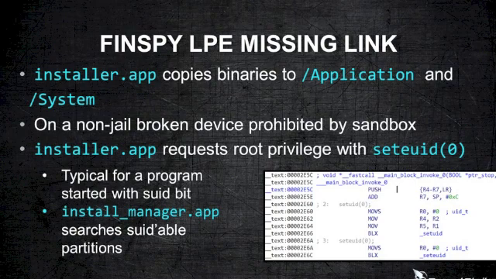The other thing is that the installer app requests root privileges with the setEUID, set effective user ID, function. You can see that in the ARM assembly snippet in the lower right as well. And this behavior is very, very typical for a program that gets started with the set user ID bit that I mentioned before, because the real user ID will be root, but when you start sub-processes, normally they won't inherit the super user user ID for security purposes.